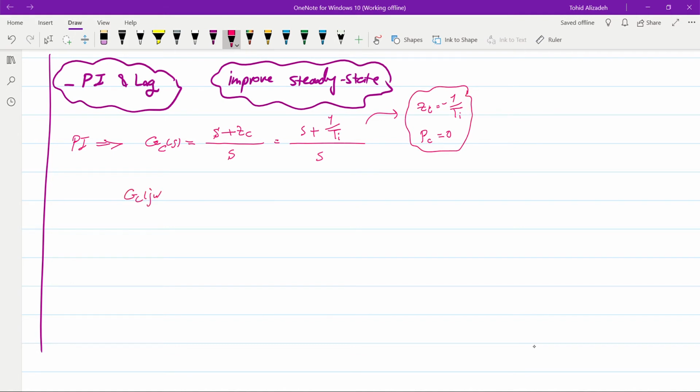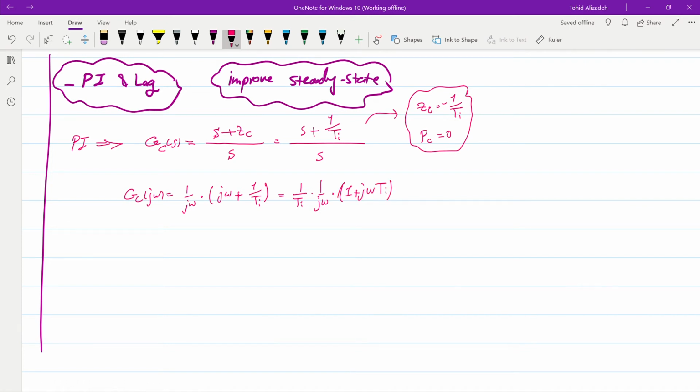Gc(j omega) will take the form of 1 over j omega times (j omega plus 1 over Ti). And alternatively, we can write this in the form of 1 over Ti times 1 over j omega times (1 plus j omega Ti).